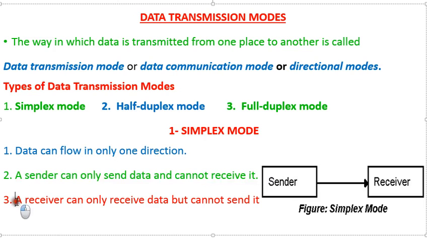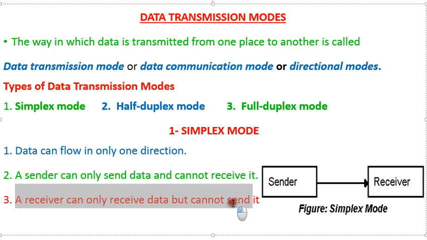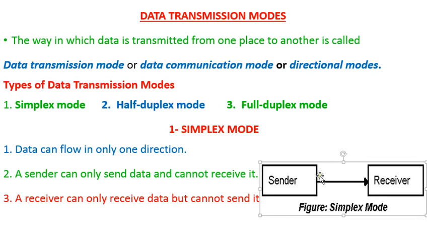And the receiver can only receive the data, but he cannot send back to the person that sent to him or any other person. Look at this block diagram. This is our sender and this is our receiver, and you can see the arrow showing that the data is transmitted from the sender to the receiver only, but the receiver cannot send back to the sender. This is what we call the simplex mode of data transmission.